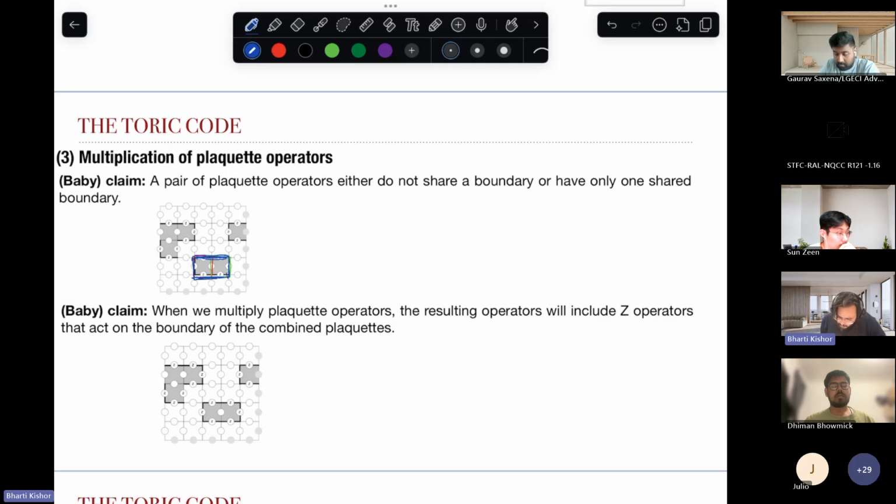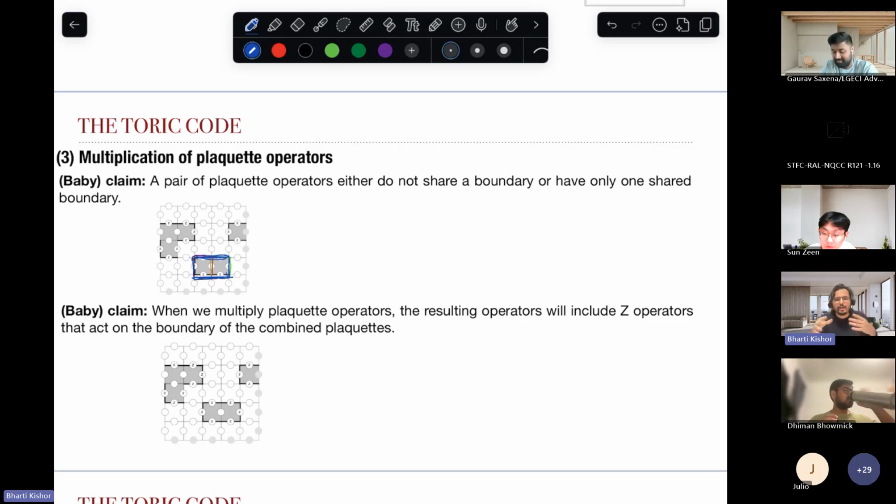Because on the common boundary that they had here, when you multiply Z with itself, you get identity, and hence that basically vanishes. So you can think of it like the merging of amoebas or something like that.